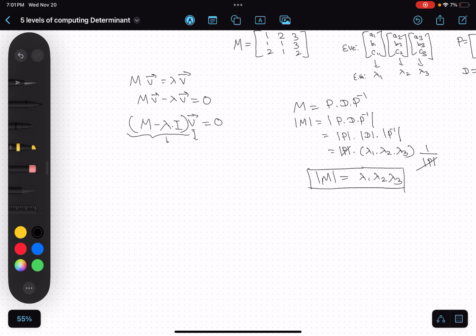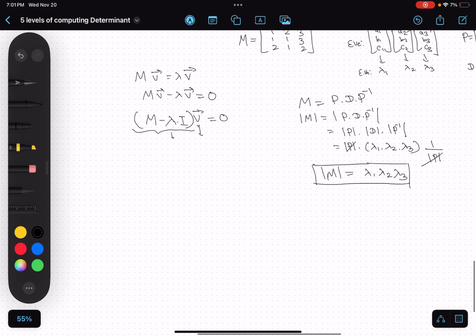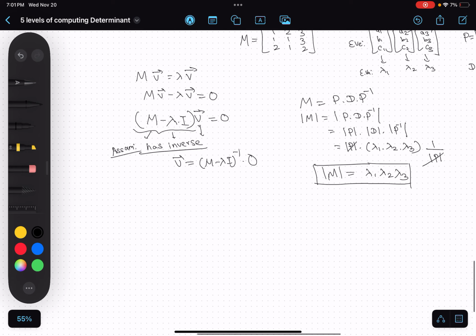For that, I will first assume that this matrix M minus lambda I has an inverse, right? If I make that assumption, I can take it to the other side and multiply this inverse with the zero matrix, because we are dealing with matrices.